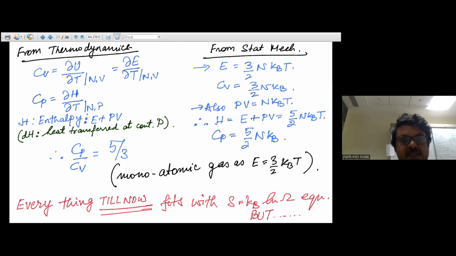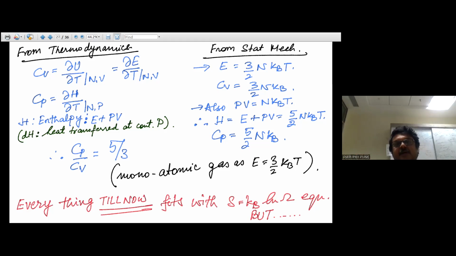And taking suitable derivatives, taking suitable rearrangements, and associating kB log omega with entropy, calling it entropy, and taking suitable derivatives of this kB log omega with respect to V, with respect to T now, I mean, okay, so T is a derived quantity in the microcanonical ensemble.